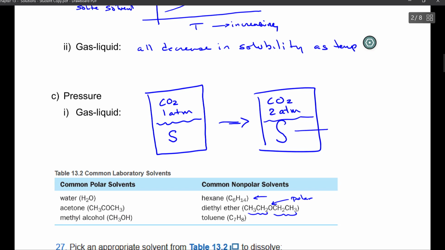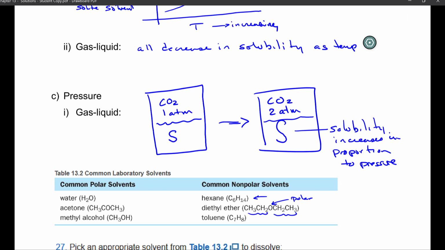So solubility increases in proportion to pressure. So if you have CO2, for example, and you open up a soda, CO2 is the gas that comes out.